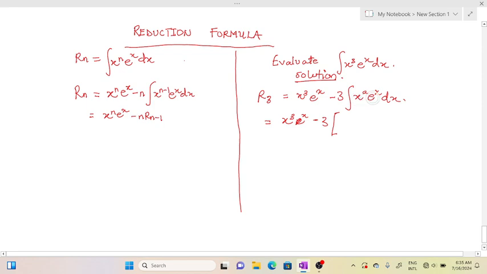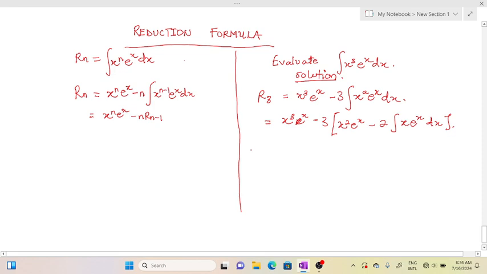The integral of x squared e to the power x is the same as our reduction situation: you take x squared e to the power x, minus 2 times the integral, where we reduce the power by 1, making x e to the power x.